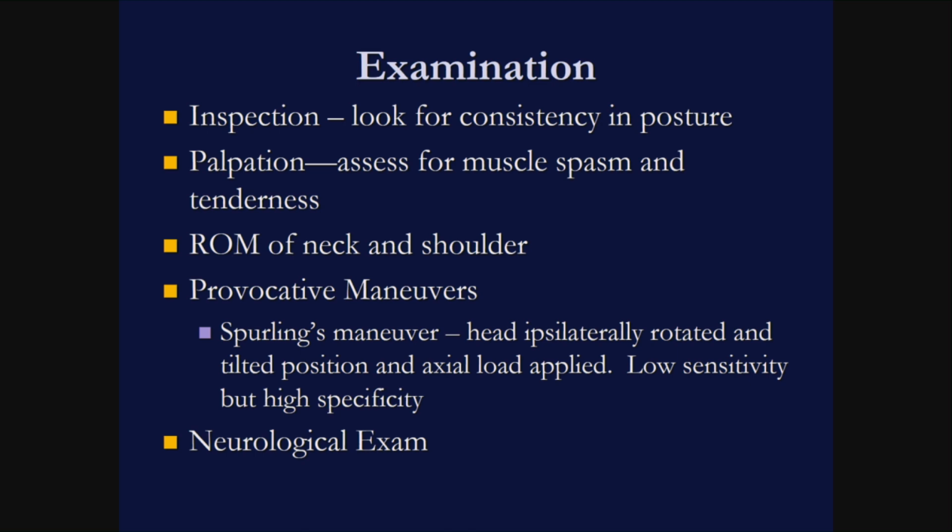Again, palpation is helpful if there are any muscle spasms or tenderness. That could be a relatively benign thing, such as what we're talking about, a cervical radiculopathy, but it could reflect a serious cause of that radiculopathy or some other severe spinal disease process. These patients probably deserve imaging as well.